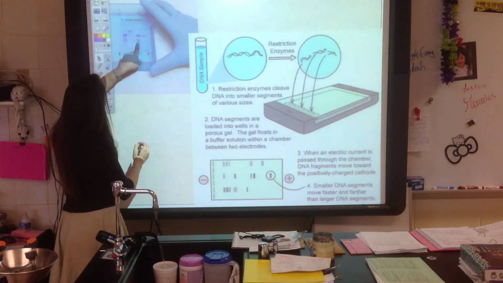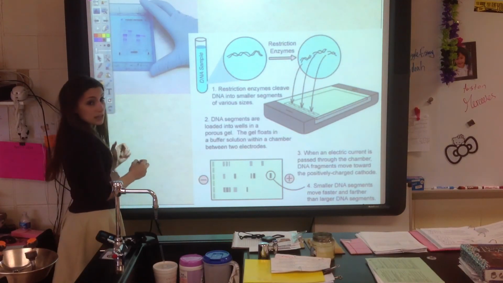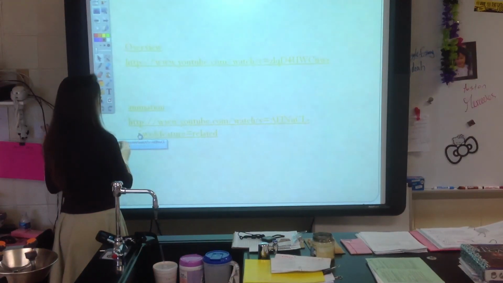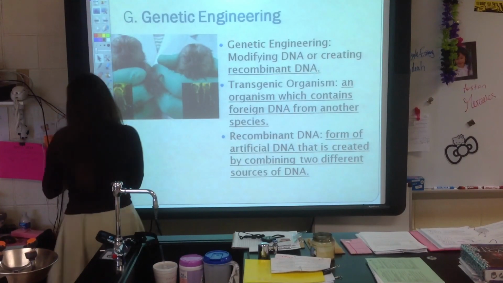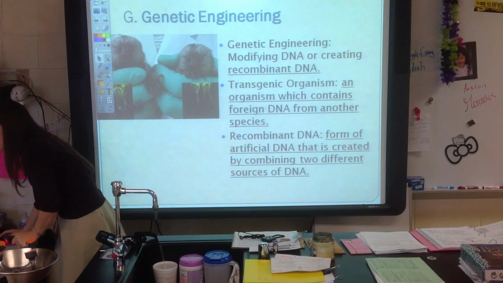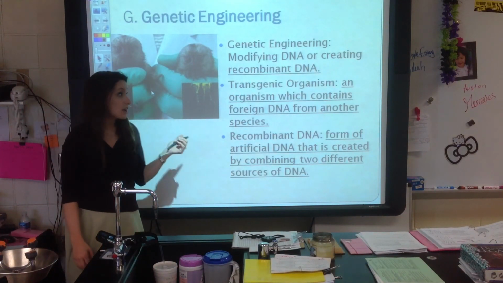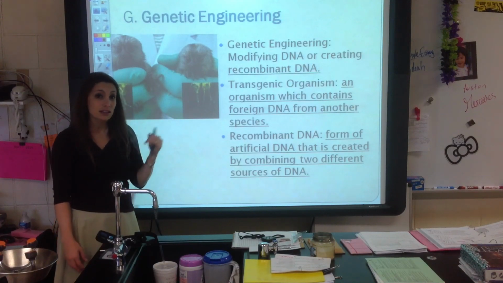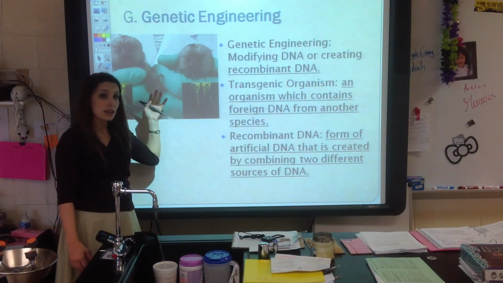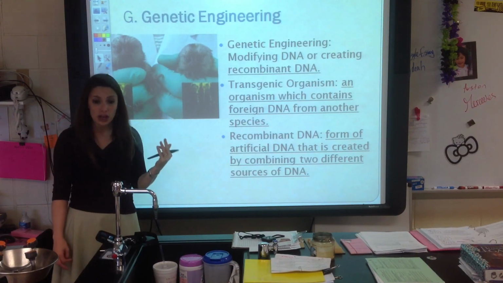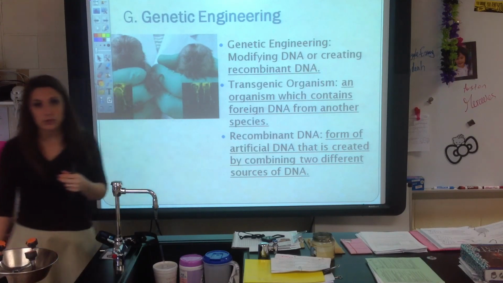And this is what a gel electrophoresis or DNA fingerprint really looks like. And so we're going to stop here, and we'll come back to genetic engineering later, because genetic engineering is how we use DNA to actually possibly change our traits. But this is where we're stopping for now.